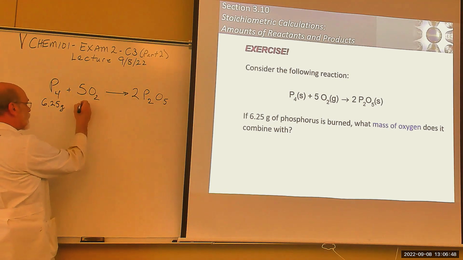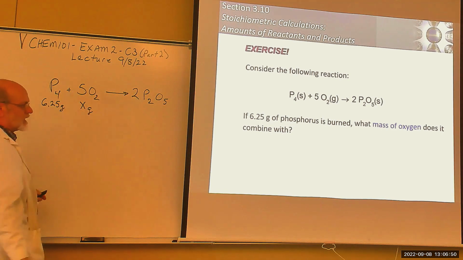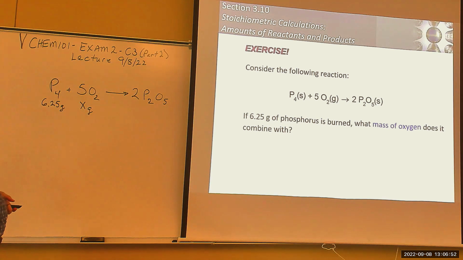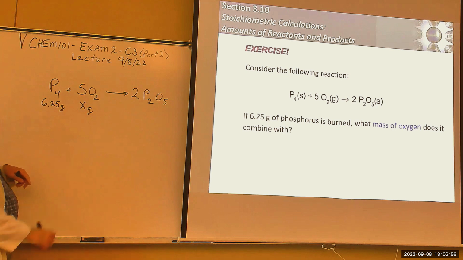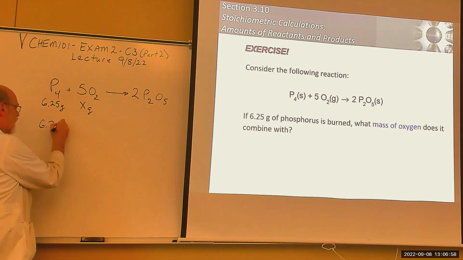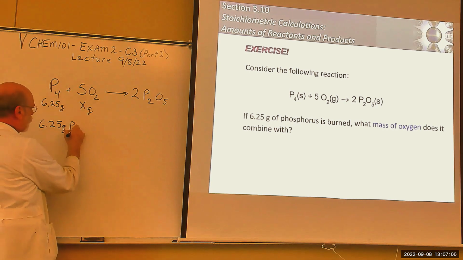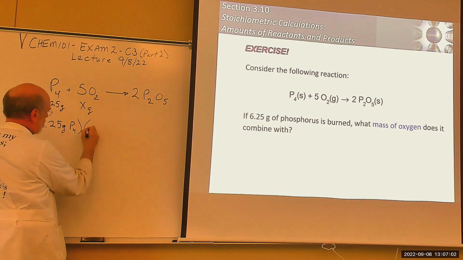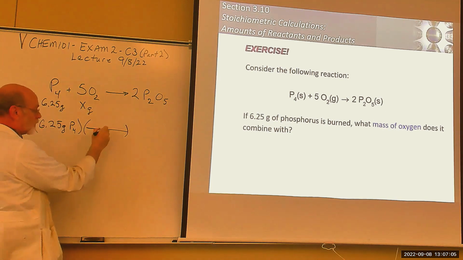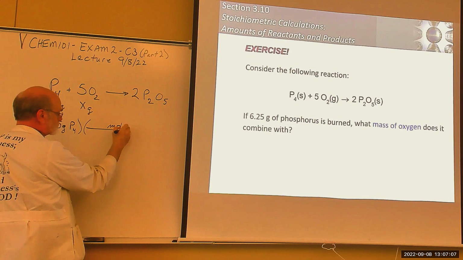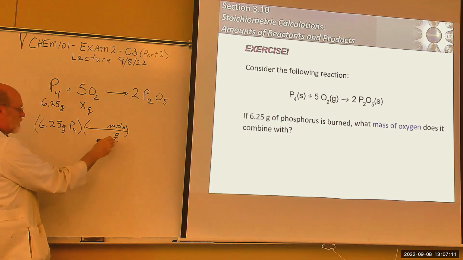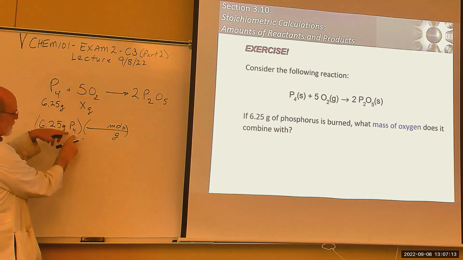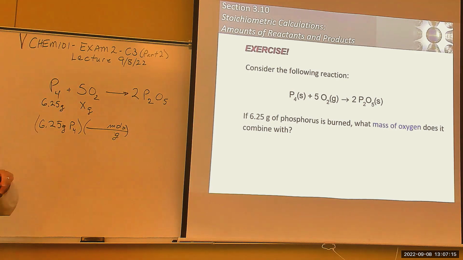So what we want to know is this in mass. All right, so how do we convert that to moles? 6.25 grams of P4. Right? If you want moles, moles are going to be on top. That's where you're headed. Grams is where you come from. Grams cancel. So we need a molar mass for P4.